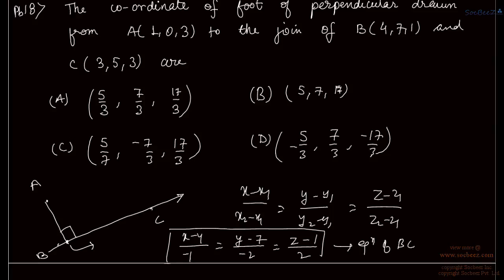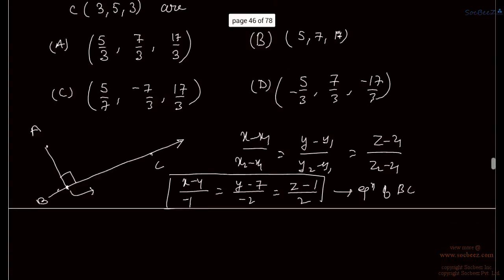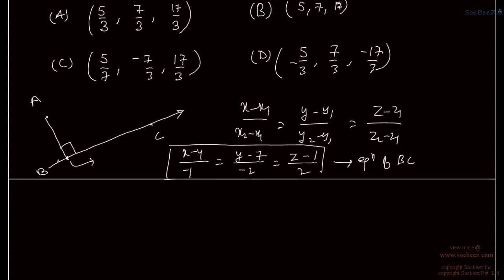Equation of BC. Okay. Since this point lies on line BC, let us take this point as alpha, beta, gamma. So this point be alpha, beta and gamma, which we have to find. Okay, so we can write x minus 1 upon minus 1 is equal to y minus 7 upon minus 2 is equal to z minus 1 upon 2 is equal to, say, r.